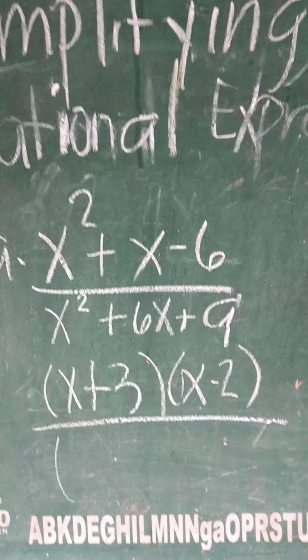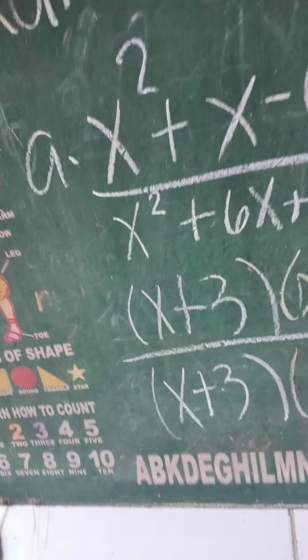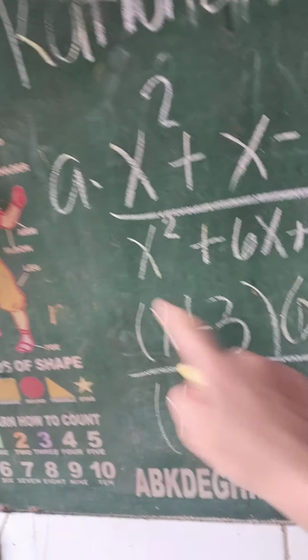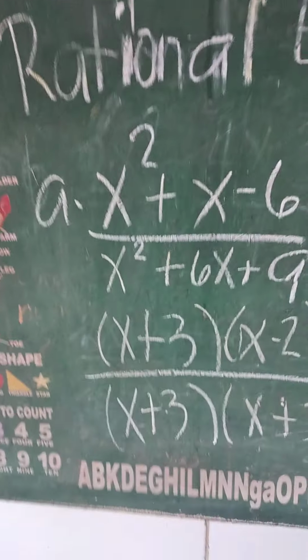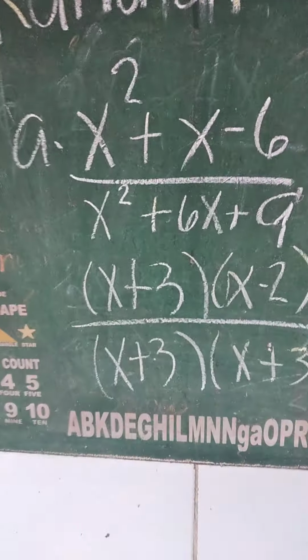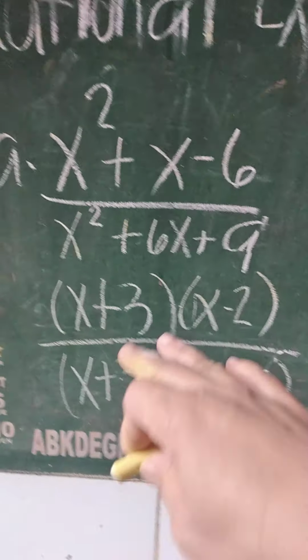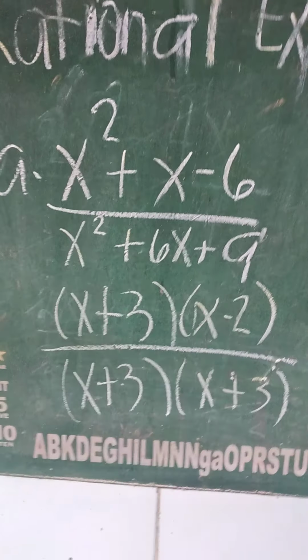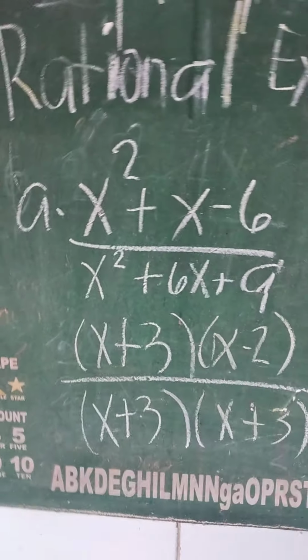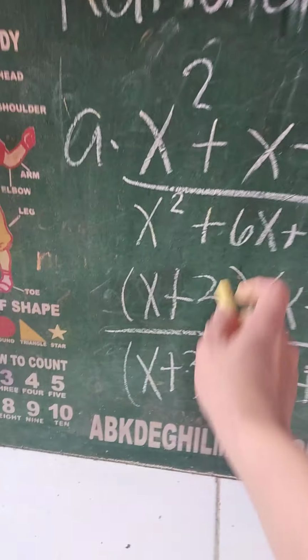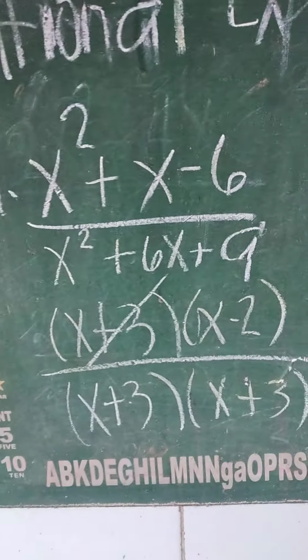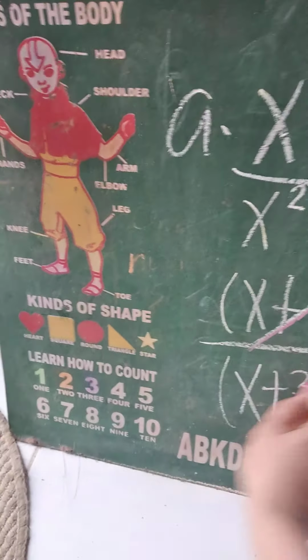It's very obvious. So x plus 3 and x plus 3, right? X for the square root of x squared, right? Okay, now they are in factored form, right? Because of this parenthesis. Now, is there a common factor? Of course. Cancel common factors.